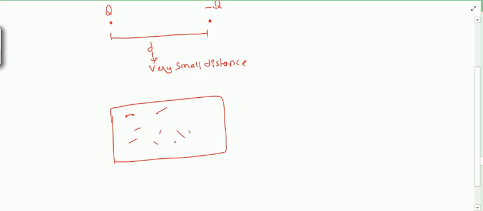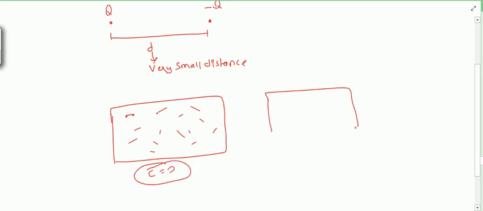They are not in an order in the absence of an electric field, when there is no electric field. But when the electric field is applied, suppose in this direction, these dipoles get aligned in the direction of the electric field, which leads to polarization.